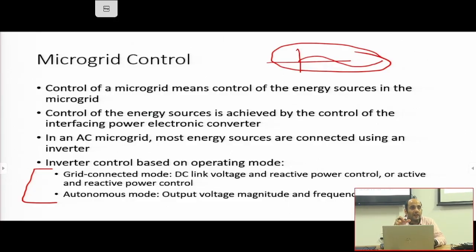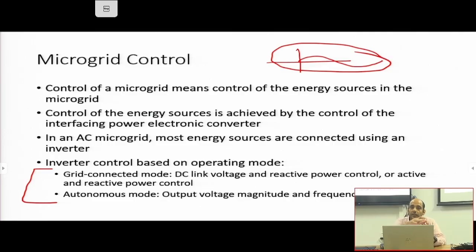That is the concept of a grid following inverter: it injects P and Q, active and reactive power, but it follows the grid voltage. That's why the name is grid following, that it has to always follow the grid voltage. It doesn't have the capability to change it. For example, if I put a rooftop solar photovoltaic on this building and connect to the grid, the grid is of infinite size and cannot change the voltage. So it's the grid following one.